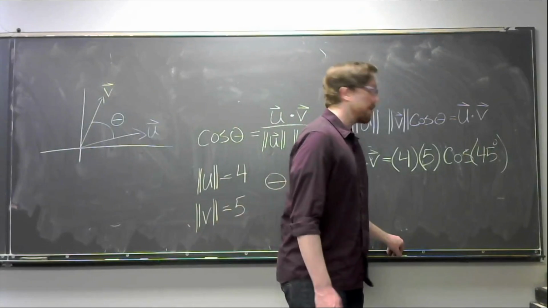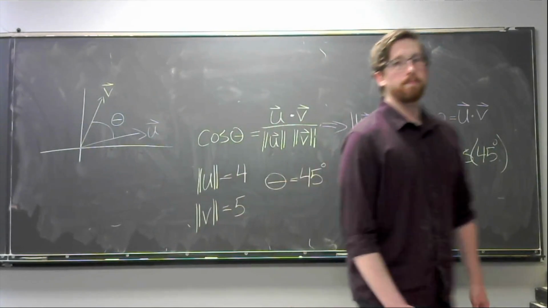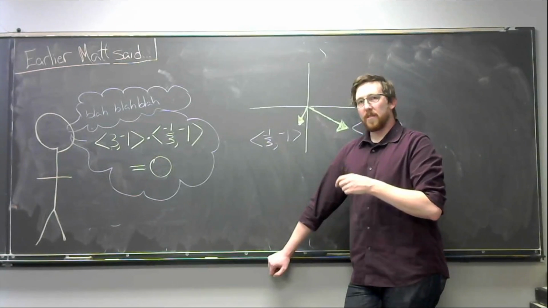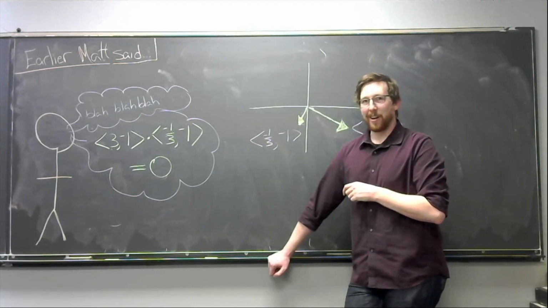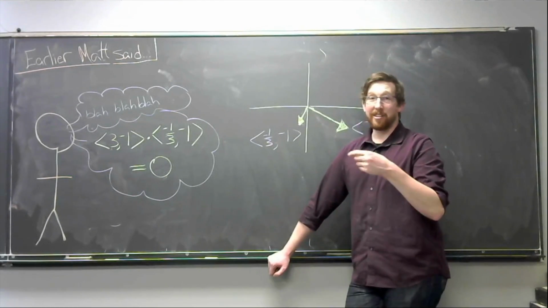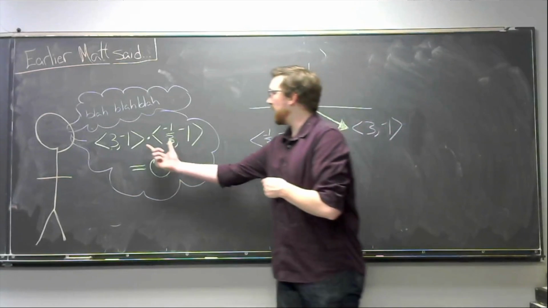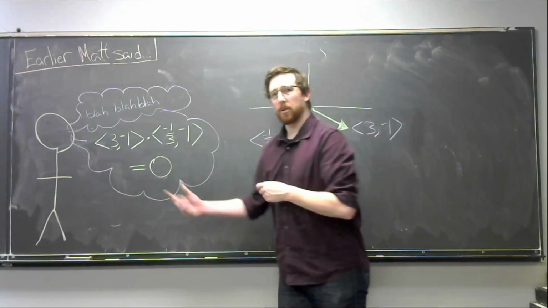Having said that, let's look at another example or two. So never mind that stick figure is about as 10 as I am. Earlier in the lecture, I had said that the inner product of these two vectors was equal to 0.